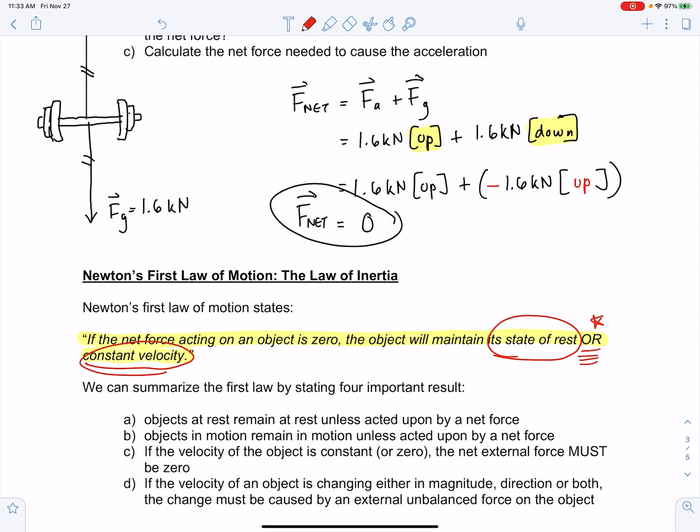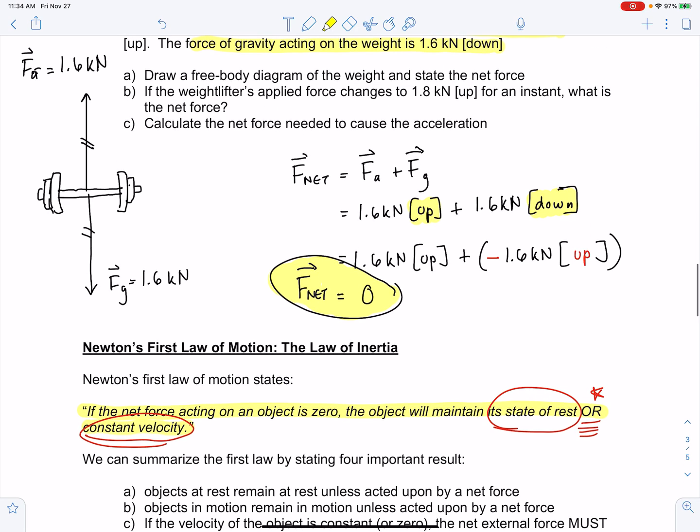So whenever the net force is 0, that means that the object is either not moving or moving at a constant velocity. Okay.